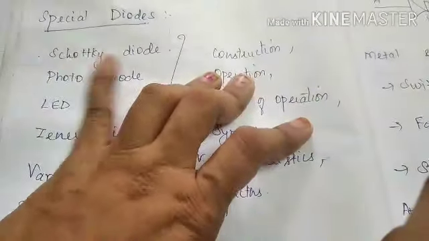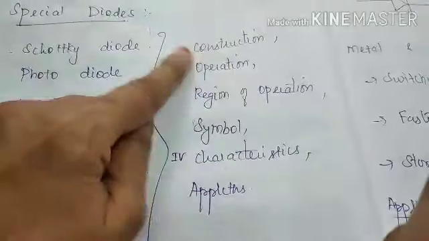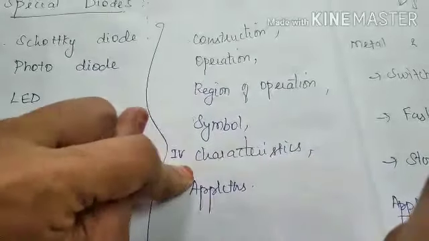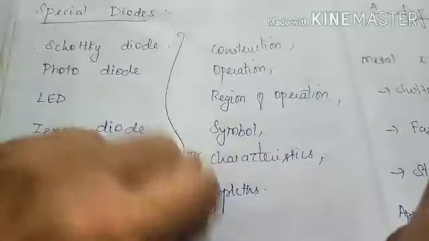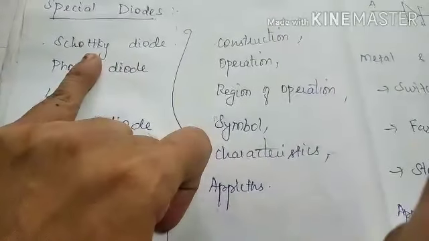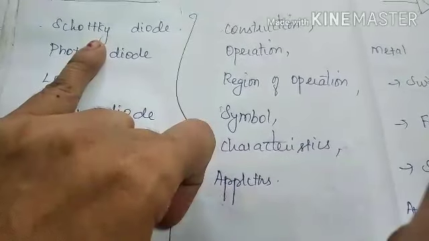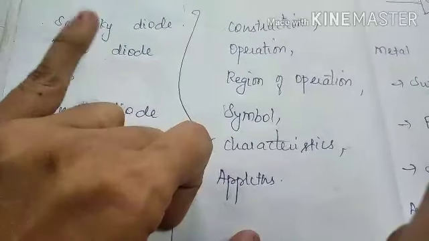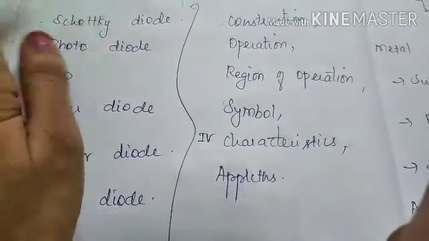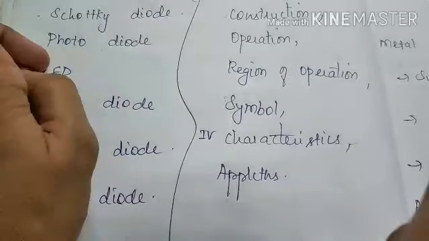See, in all types of special diodes, you should remember the construction, operation, region of operation, symbol, IV characteristics and the applications of those special diodes, right? See, the Schottky diode will work in which region? And one more speciality in the Schottky diode is that it is a junction formed between a metal and a semiconductor.